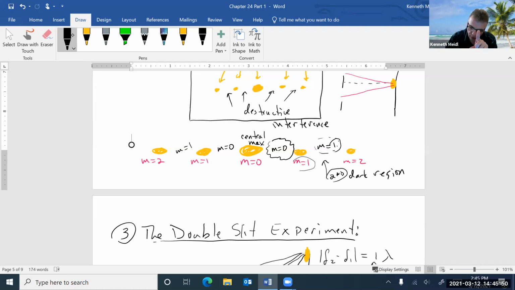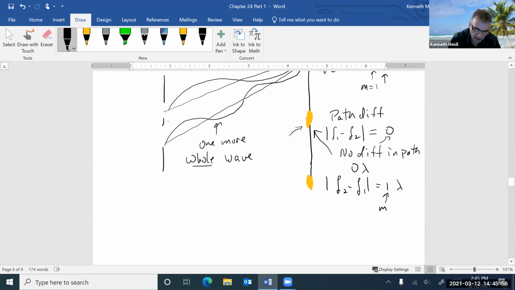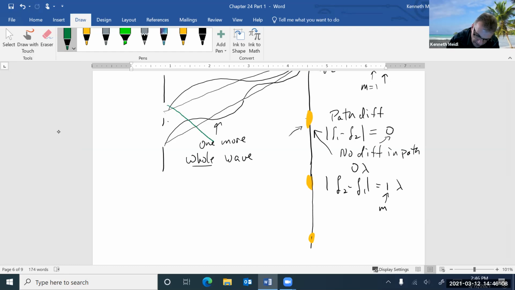When you hit the next bright spot, that's even further down the screen. So I've got more room. I can come down here from the central maximum. When I hit this spot down here, I'll change color so it shows up, right, here's one path to hit this spot. Here's the other path to hit this spot. This one that's longer holds two whole waves.